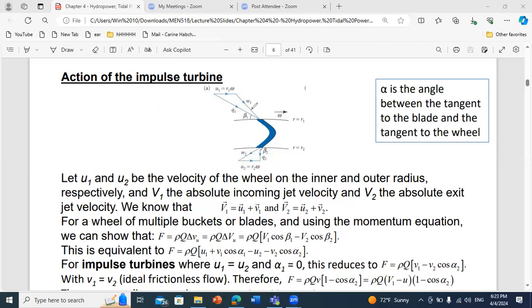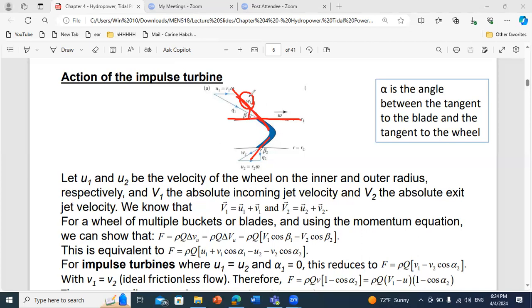You can see here that the water will always be moving along the tangent to the blade. So when you talk about the velocity of water relative to the blade, it's always along the tangent to the blade. That's why, if they tell you the angle between the tangent to the blade and the tangent to the wheel is alpha, you can do your projection.